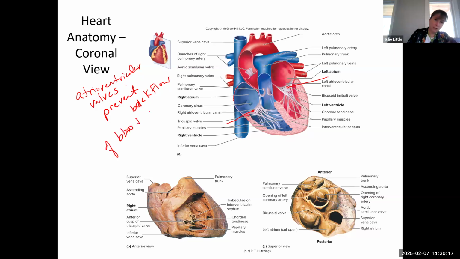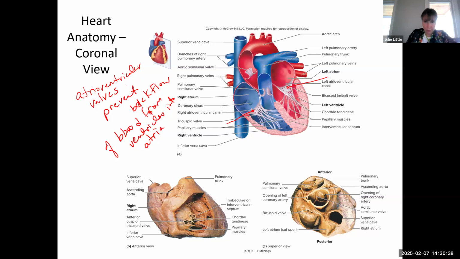from the ventricles to the atria. It would be better said, they prevent regurgitation of blood from the ventricles into the atria. That is not a normal way that blood flows from ventricle to atria.